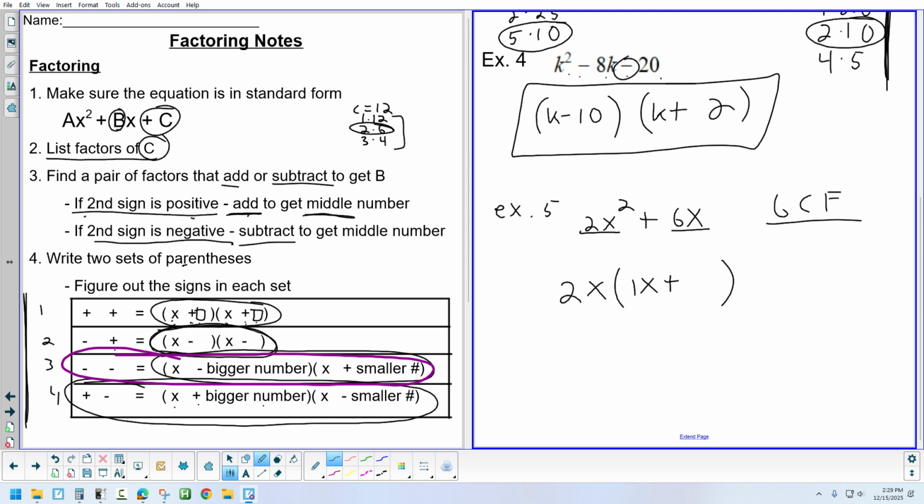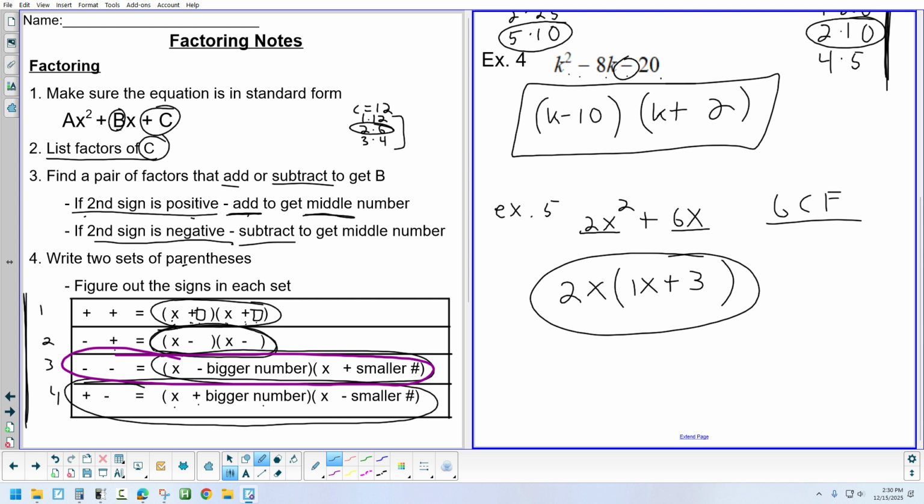So just 3. That's called factoring out the GCF. 2x times x is 2x squared, and 2x times 3 is 6x. So that's a little bit different way of factoring, but some of the MCAS questions are going to have that in it.